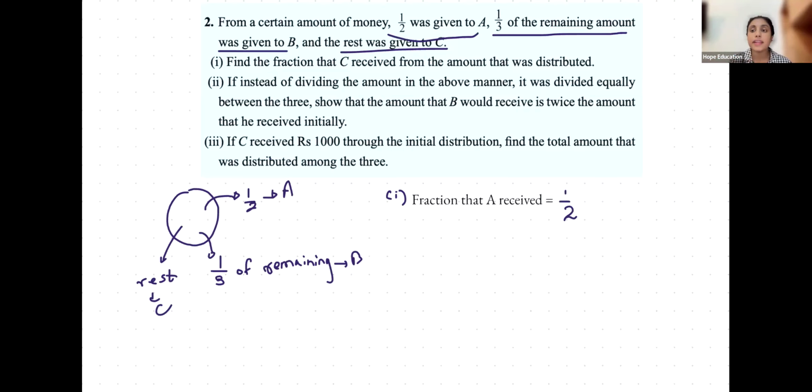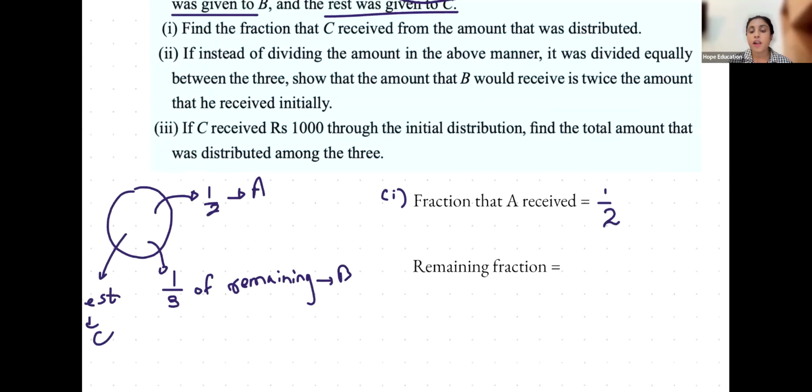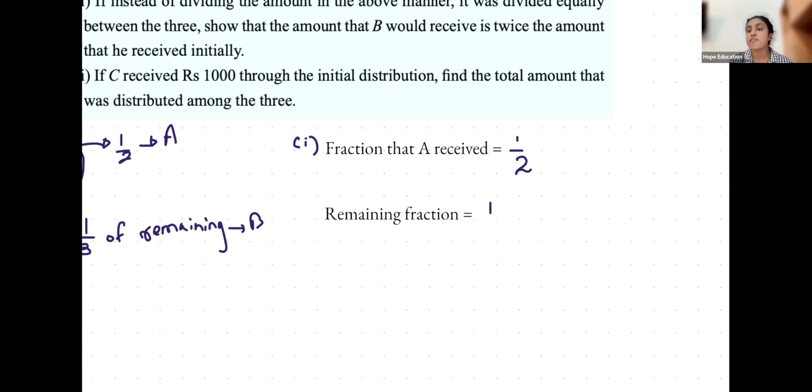So before I find how much B has gotten, I have to find the remaining amount. Remaining fraction: from 1 you subtract the fraction that A received.